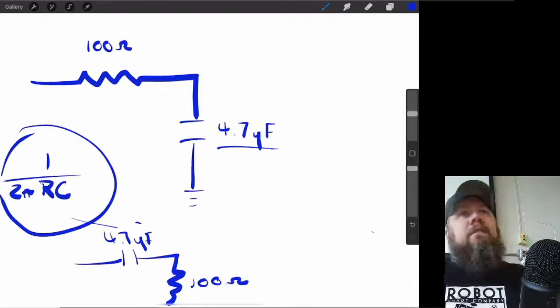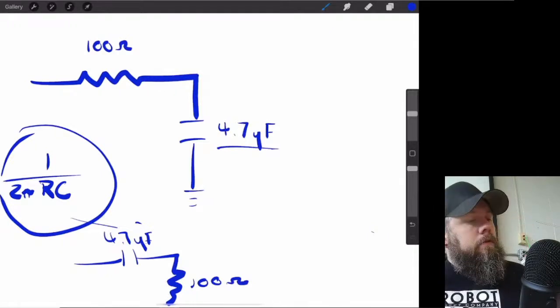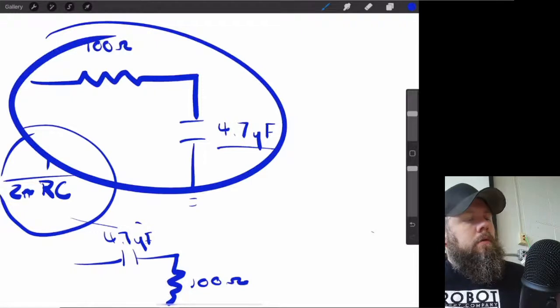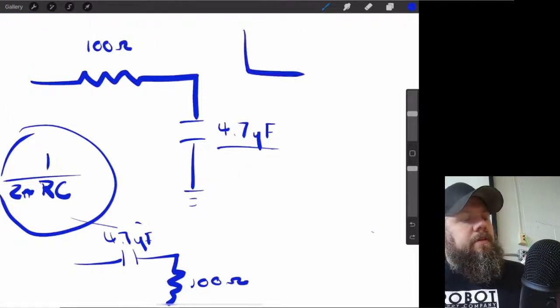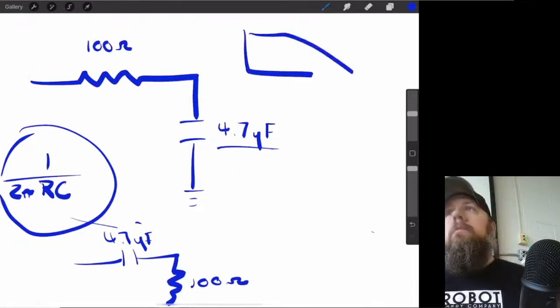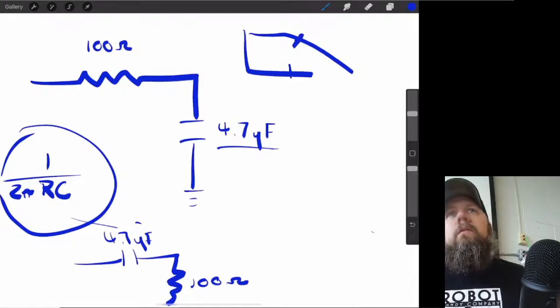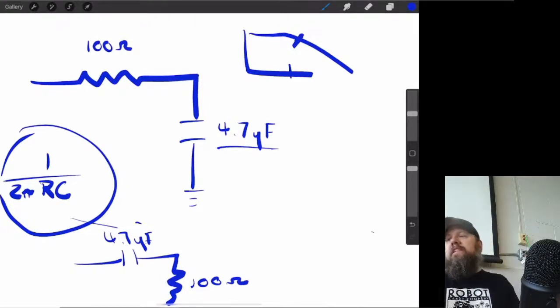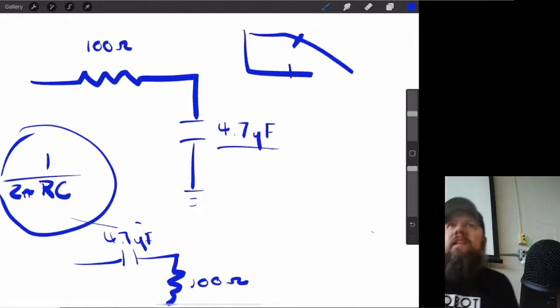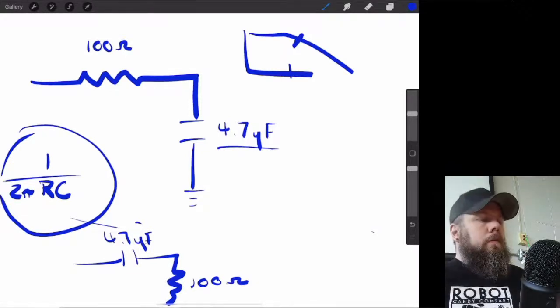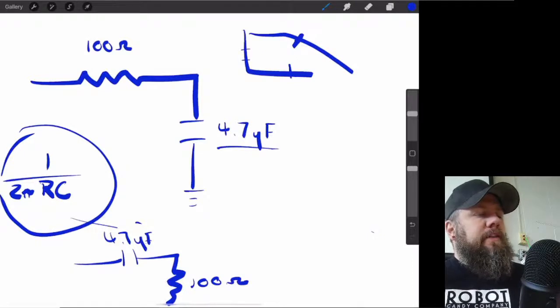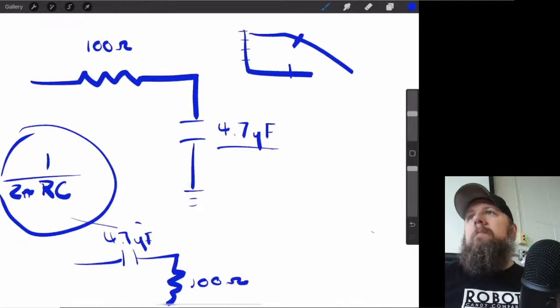But when we have a low pass filter, like we have right here, the frequency looks like this. Okay? And then that would be where we get half power. Now, when you look at little charts of this, it's going to be in a logarithmic scale, okay? Which uses things like power, like decibels and different things like that.